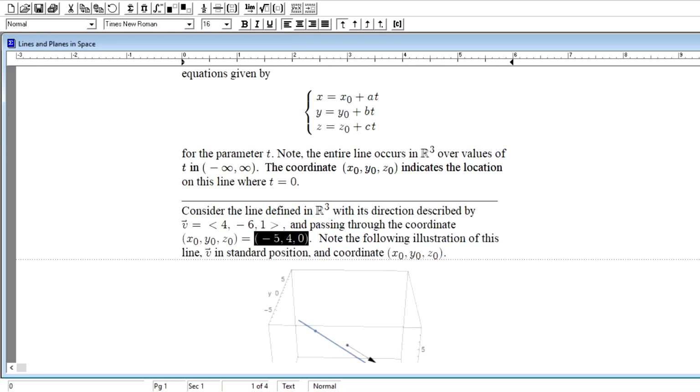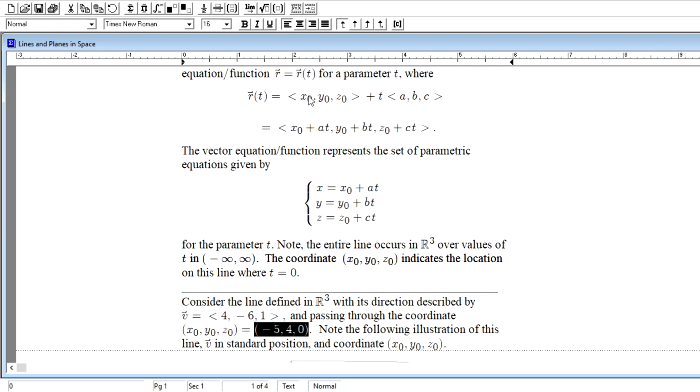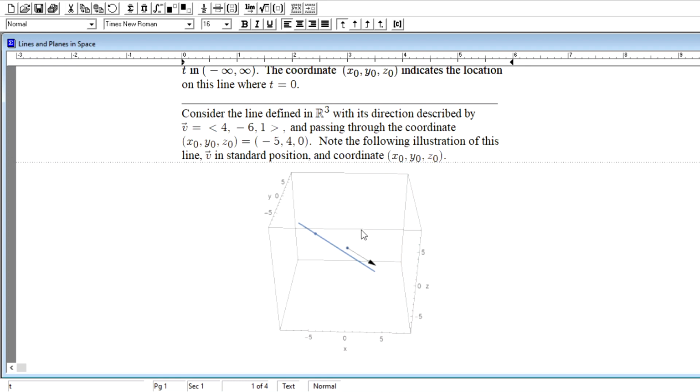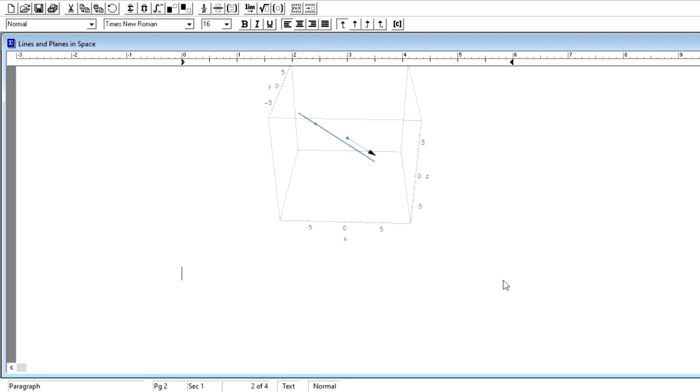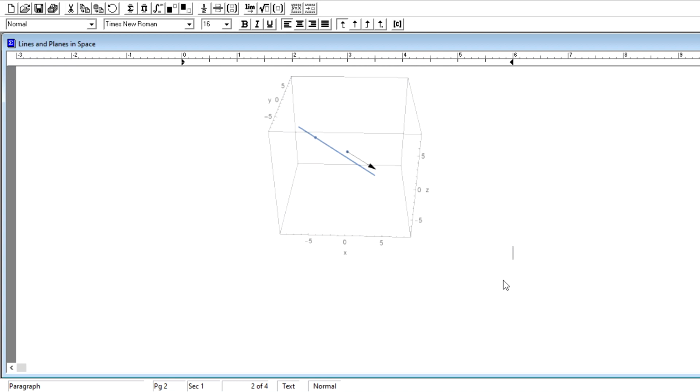This vector description and this point can be plugged into this formulation for the vector equation of the line, or it can be presented as this set of parametric equations. Where plugging in for a, b, and c, 4, -6, and 1, and substituting in for x null, y null, z null in that formula, -5, 4, and 0, we can prepare the following equation for this line.